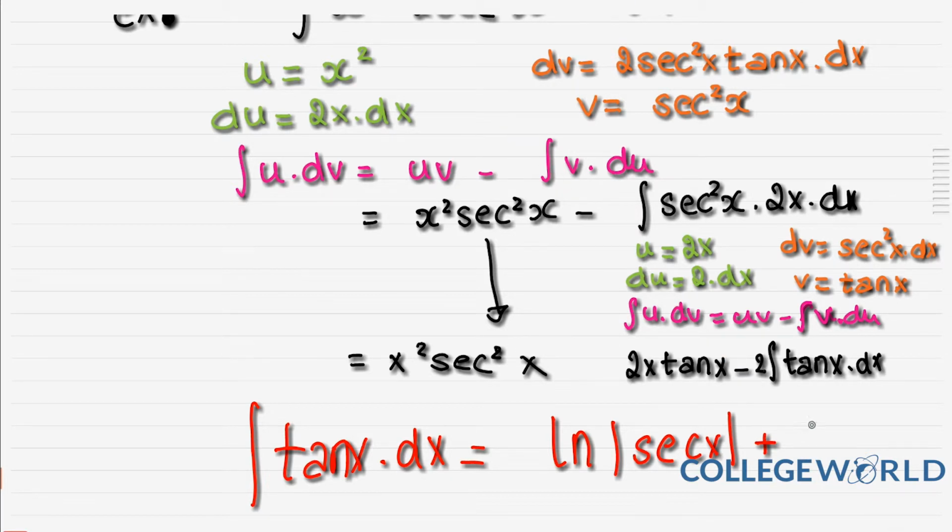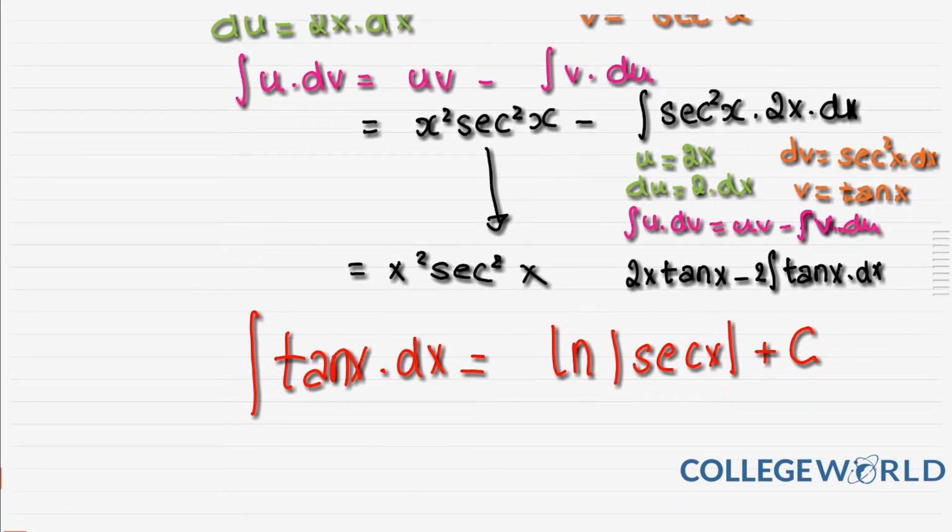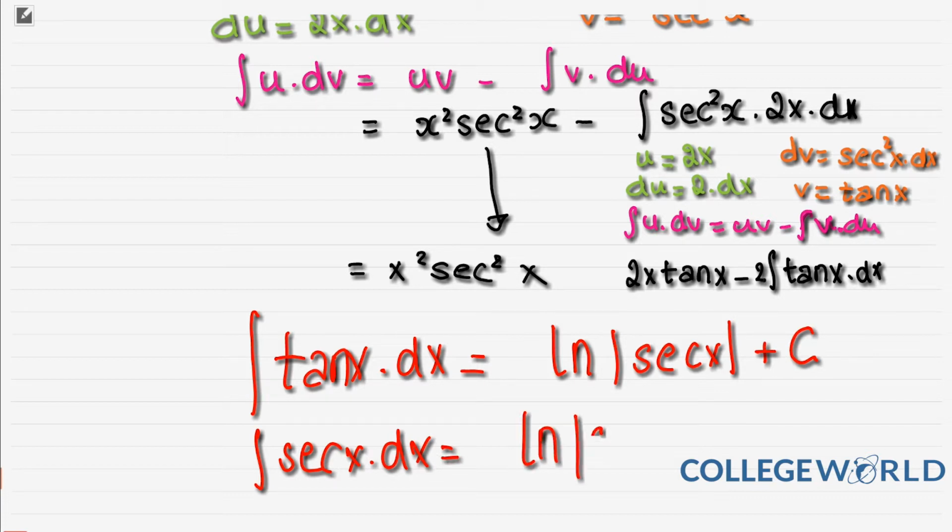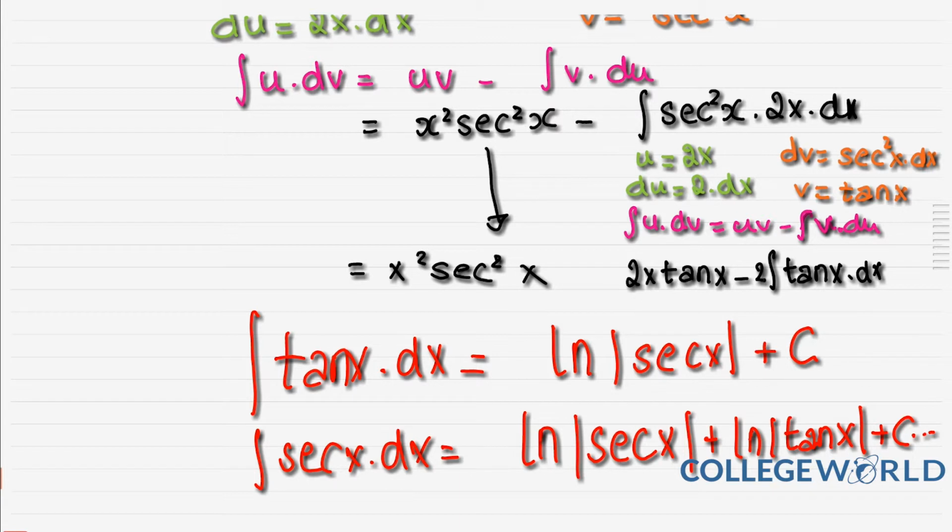There are even further rules that you can come across, for example, the integration of sec x itself. It's going to be ln sec x plus tan x, I suppose. I actually don't remember the rules now, but there are multiple rules that apply for the integration of these functions.